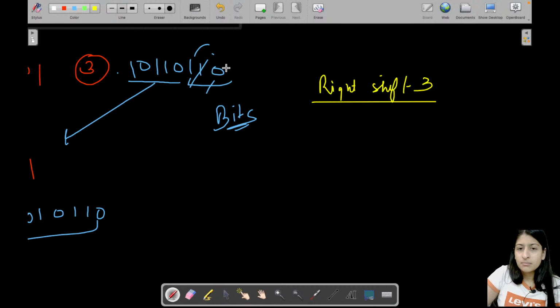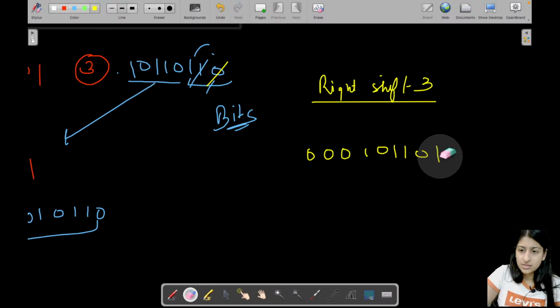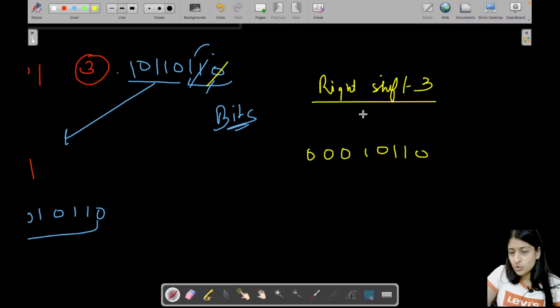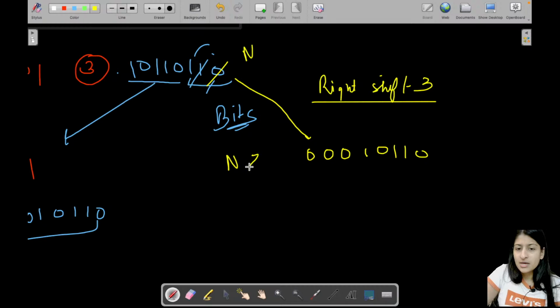I shifted right. What is right shift? You take off the last 3 bits, and then you append zeros here, so 3 zeros. What is the number you're going to end up with? 101101, right? Sorry, not 01, just 0 in the end, because 110 have been taken off, because you wanted to shift. When you do a right shift on this number, this is n, you are doing n right shifted by 3 times. So this is what you're going to get.